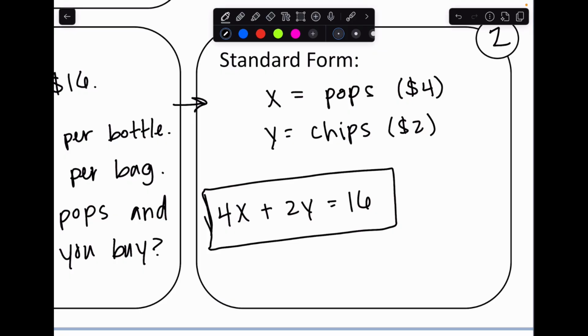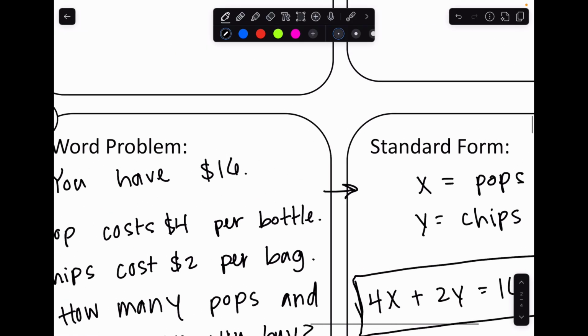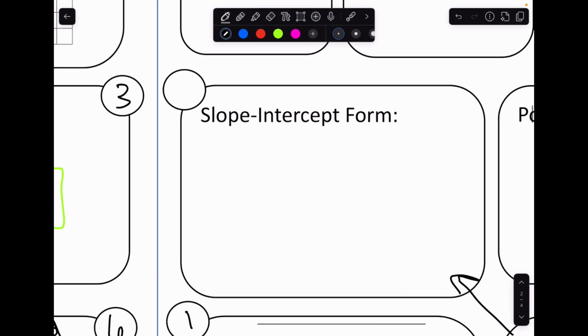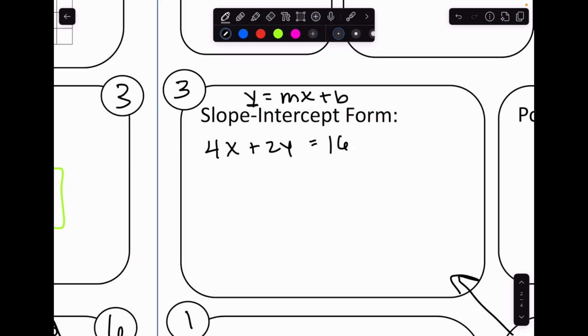Now, real easy, from our standard form, we can go all the way up to our slope-intercept form. So our slope-intercept form is, remember, y equals mx plus b. So we need to get y by itself. So let's take our equation we already had. 4x plus 2y equals 16.